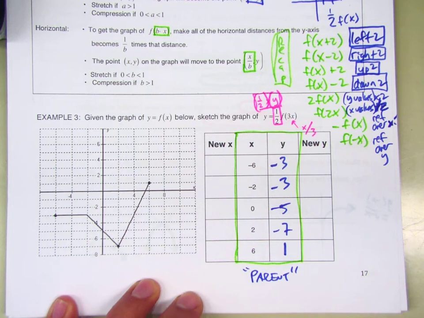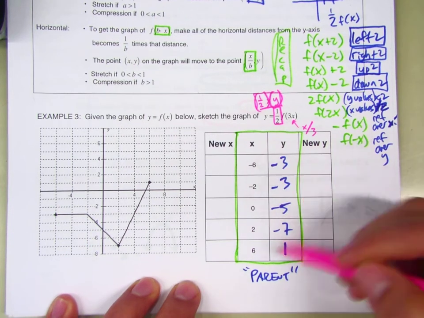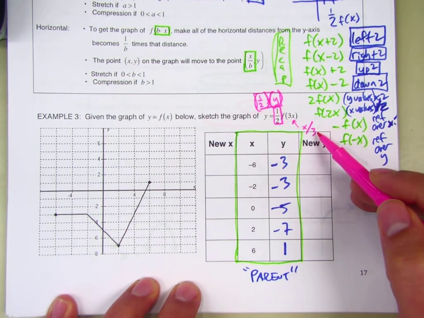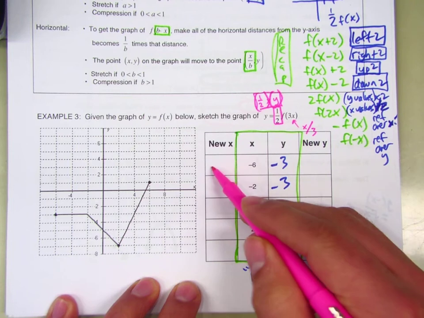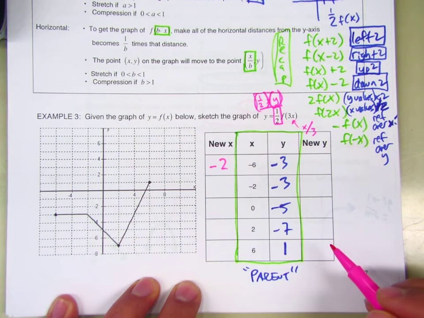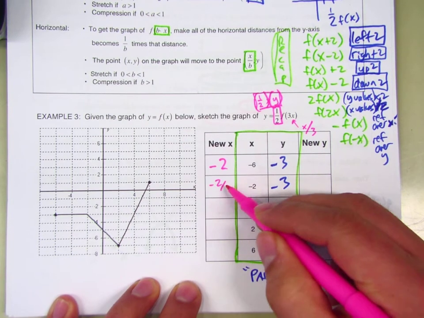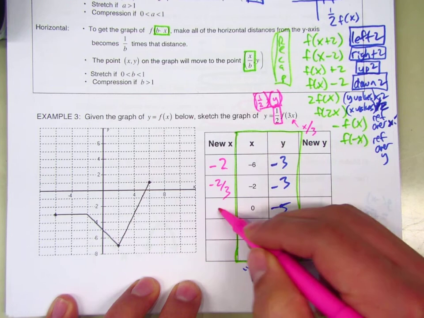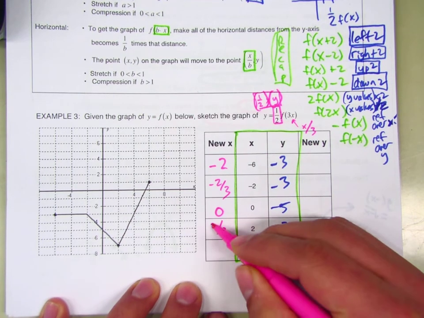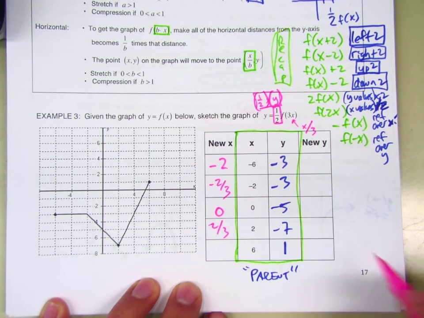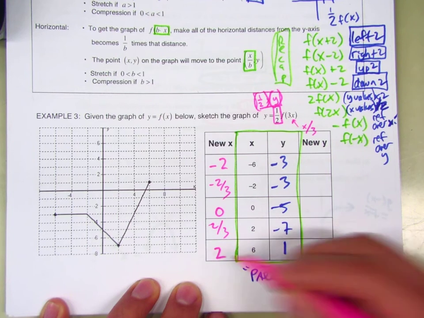Okay? So let's do the x values first. We're supposed to take the x values and divide them all by 3, right? So the new column should be -2, -2/3. 0 divided by 3 is still 0. 2/3. And 6 divided by 3 is 2.